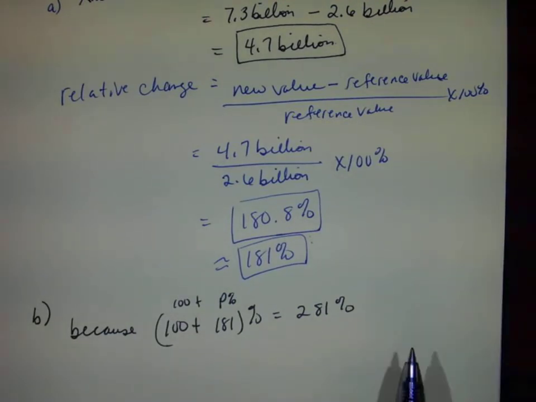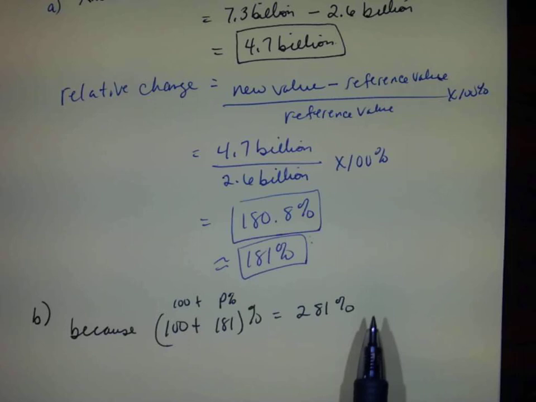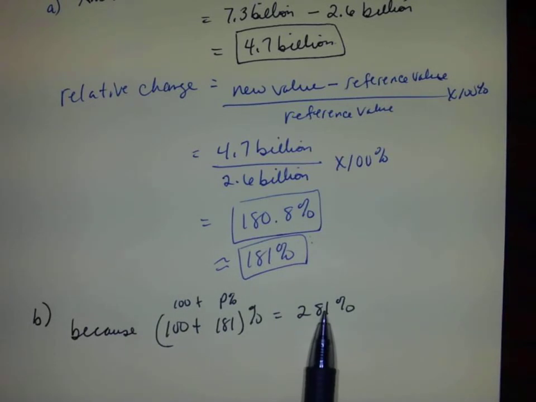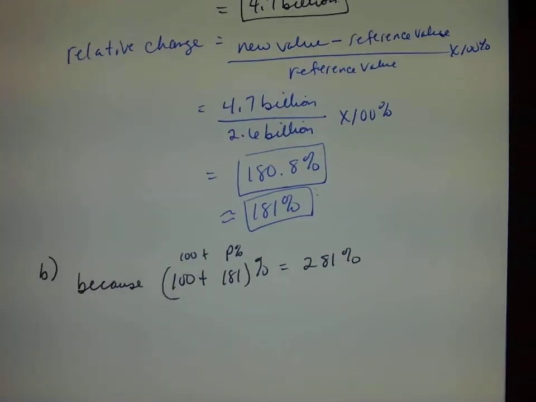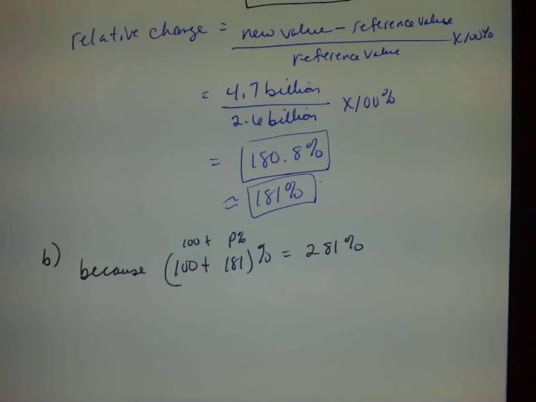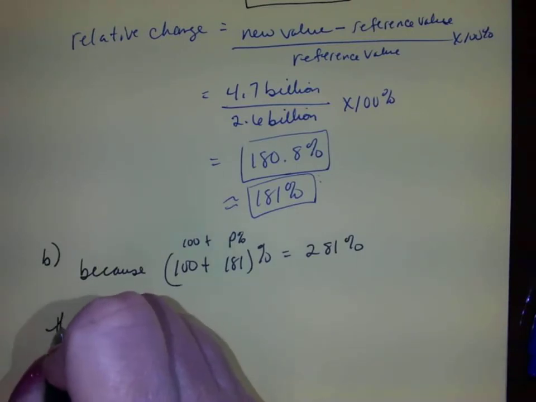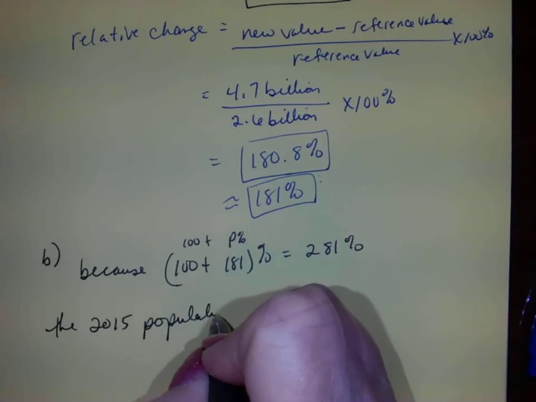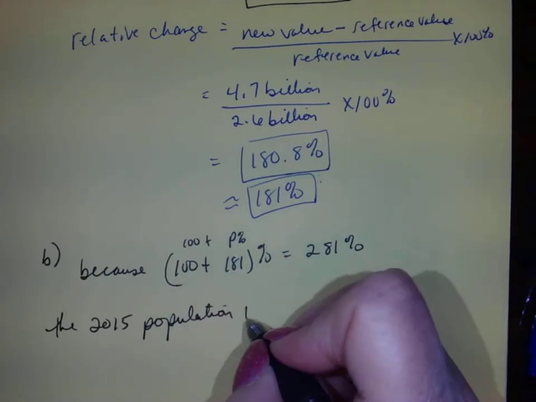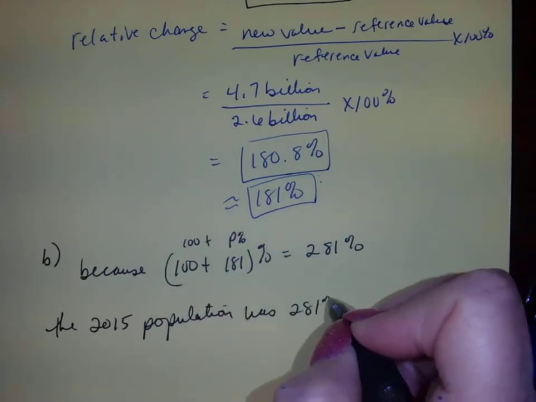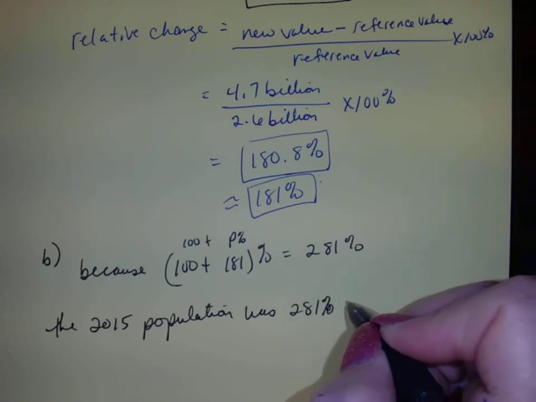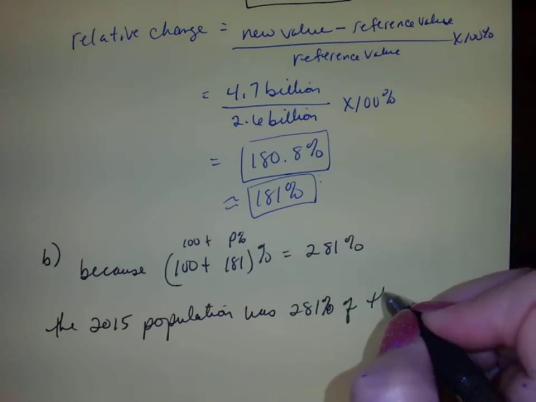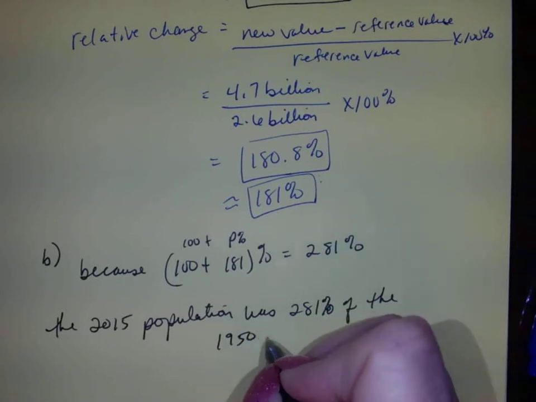So the 2015 population was 281% of the 1950 population.